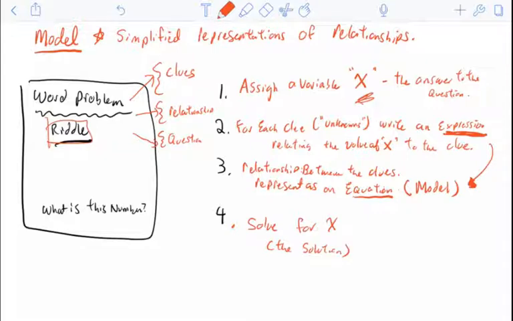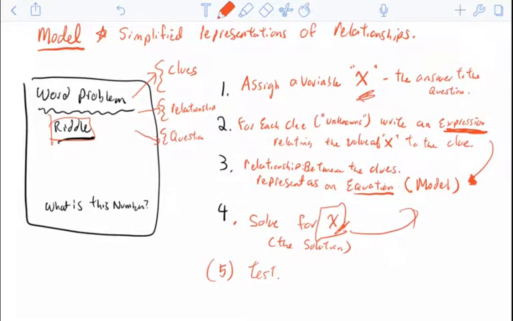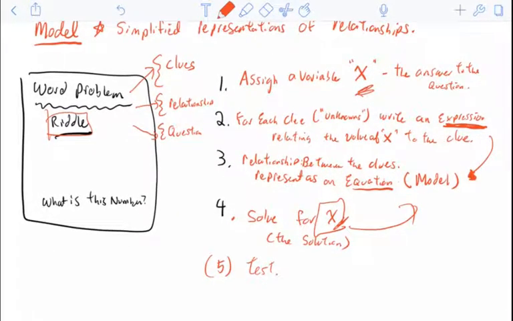How about a secret step 5? You can always test. Once you think you have a number that's a solution, test the number to see if it satisfies all the clues. Okay? So that's the overview. First you assign the value X, then you interpret each clue.